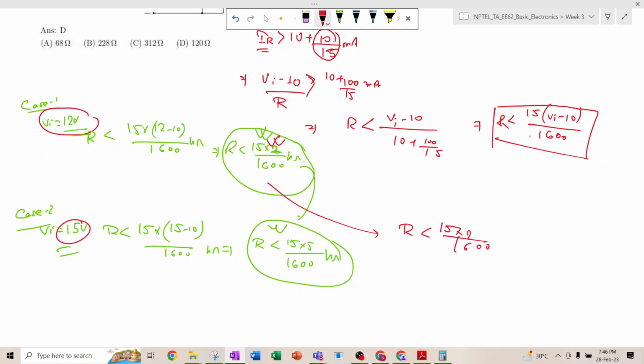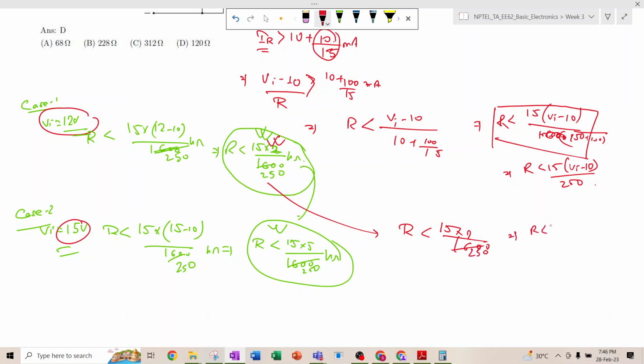Oh sorry, it will not be 1600, this is 15, right? So 150 plus 100, that means 250. So resistance value is 15 into Vi minus 10 divided by 250, here it will be 250 everywhere.